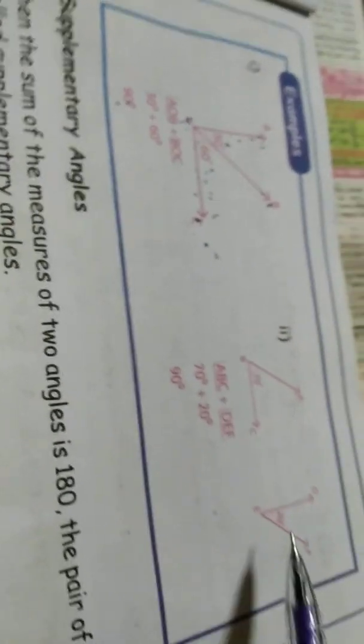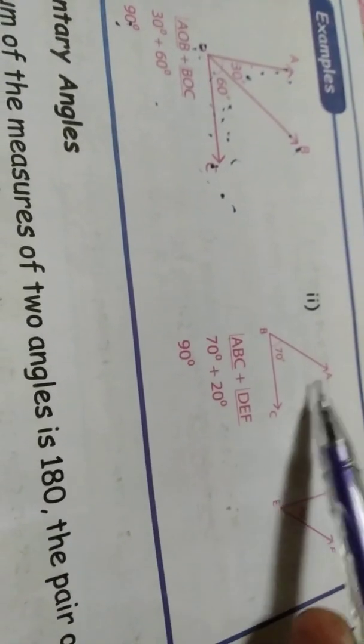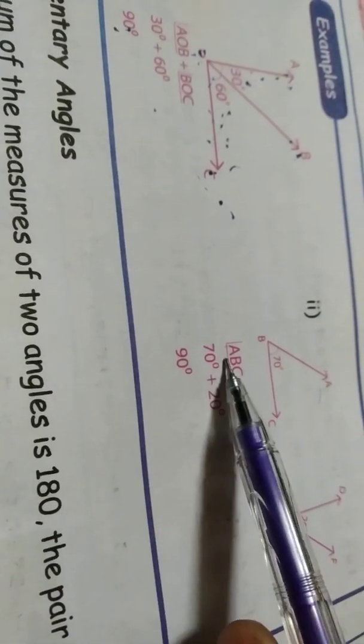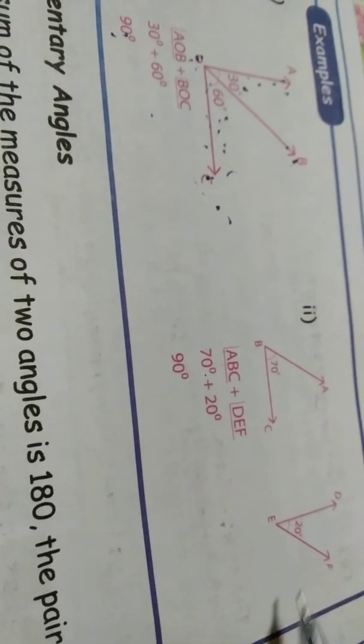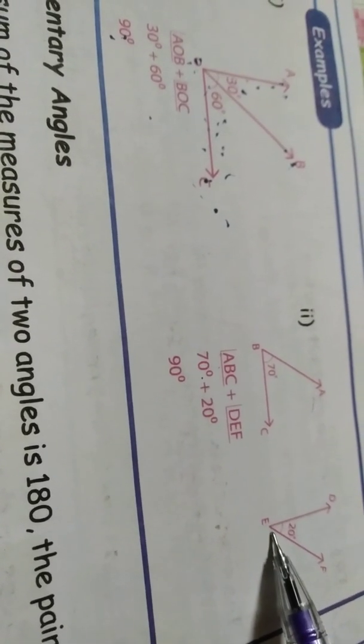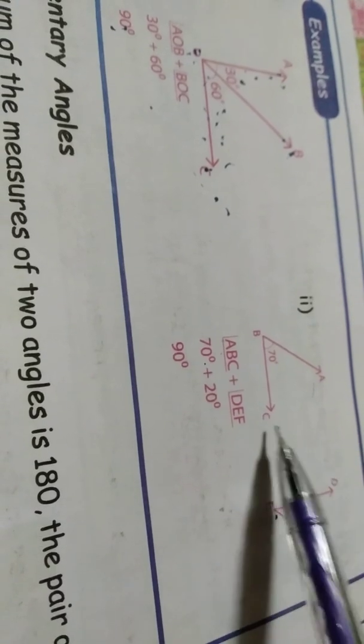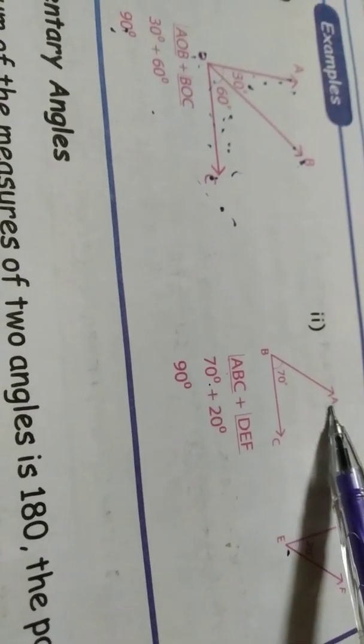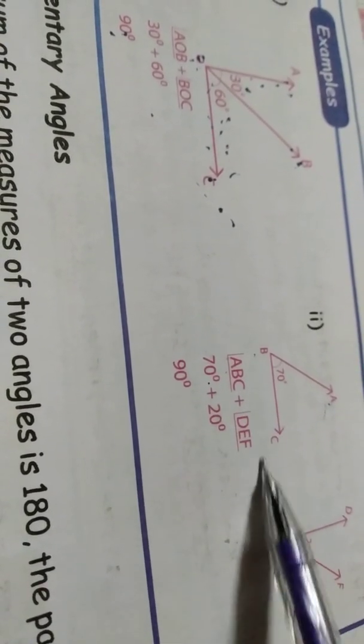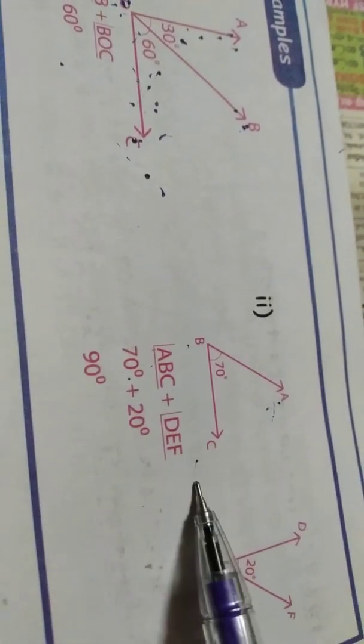See the next angle, and how it is split and shown here. One angle's measurement is 70 degrees and the other angle is 20 degrees.